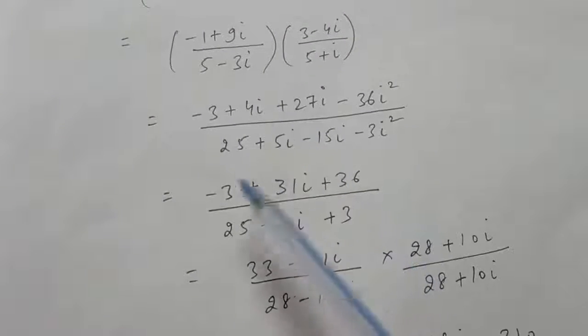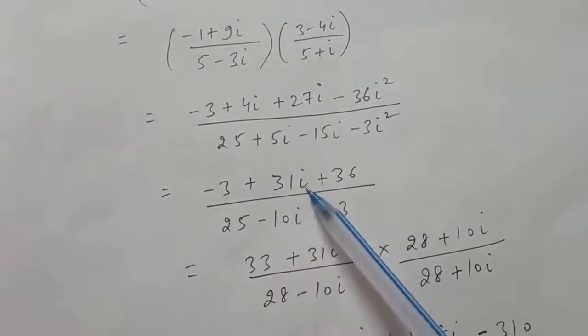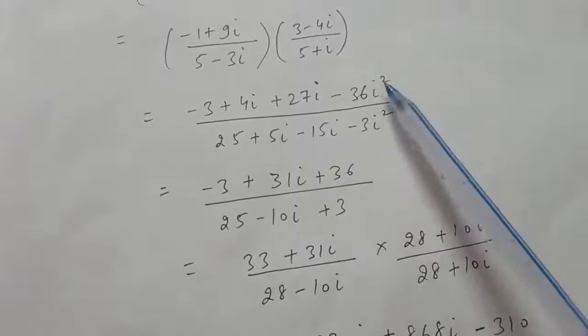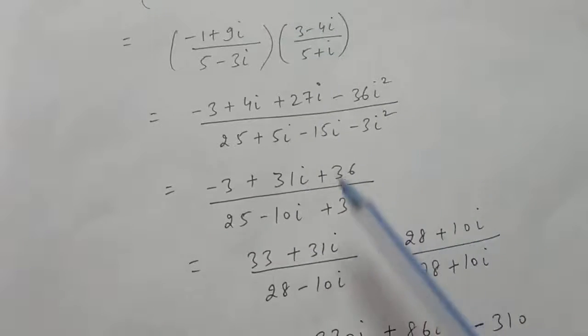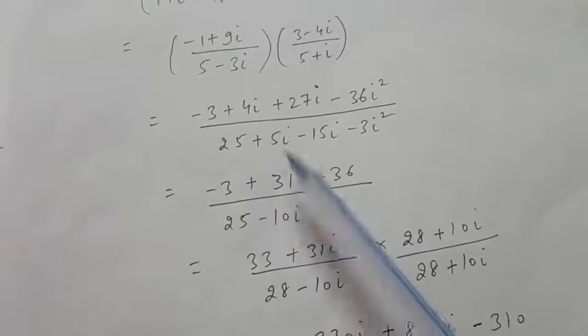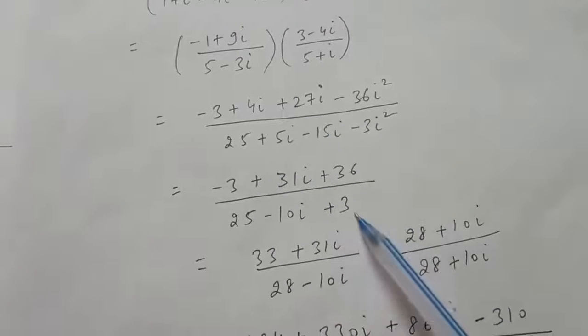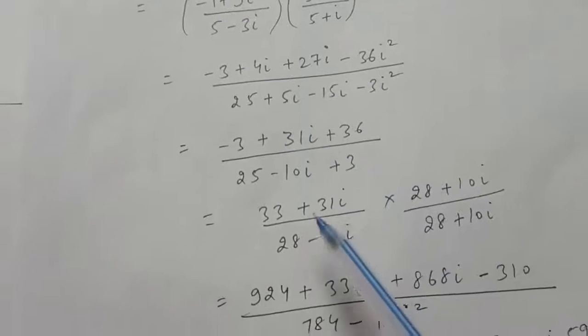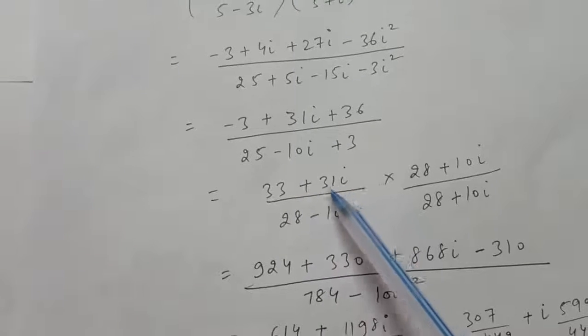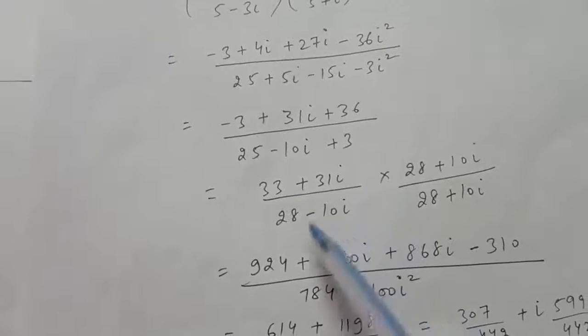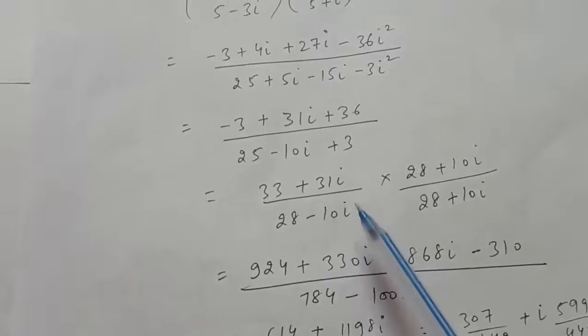So the numerator becomes minus 3 plus 31 iota plus 36, because iota square is minus 1, upon 25 minus 10 iota plus 3. Now this becomes 33 plus 31 iota upon 28 minus 10 iota, right?